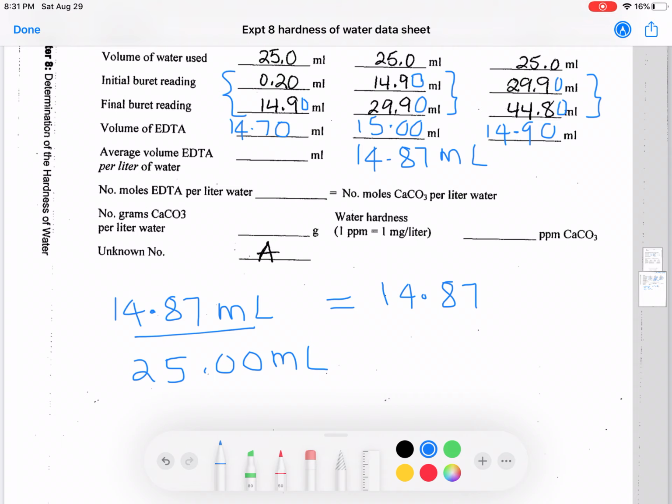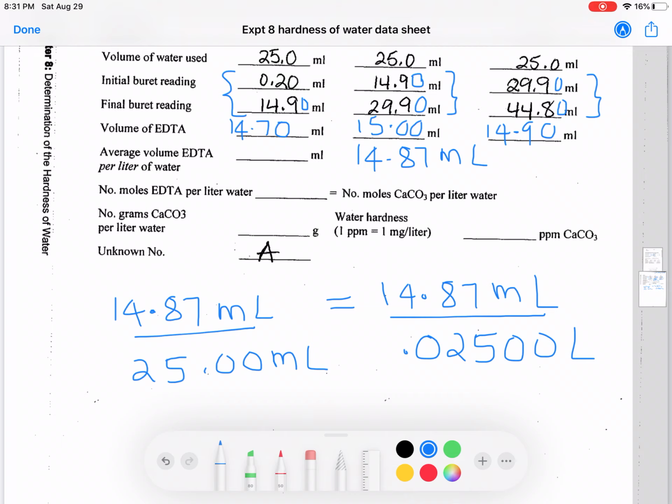So to find out what it is for 1 liter of calcium ions, you take 14.87 milliliters and divide it by the 25 milliliters converted to liters, 0.02500 liters. That is, if you had 1 liter of solution, what would be the average volume of EDTA?